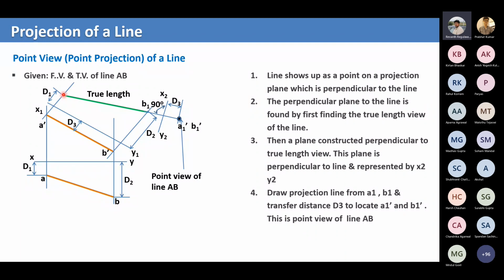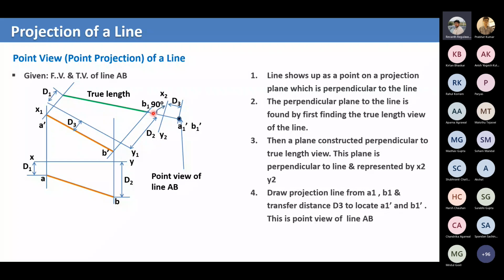Now when you take another auxiliary plane, then you get the other view. So here this is the auxiliary top view. Just a correction, this is the auxiliary top view. So this is A1 and B1.